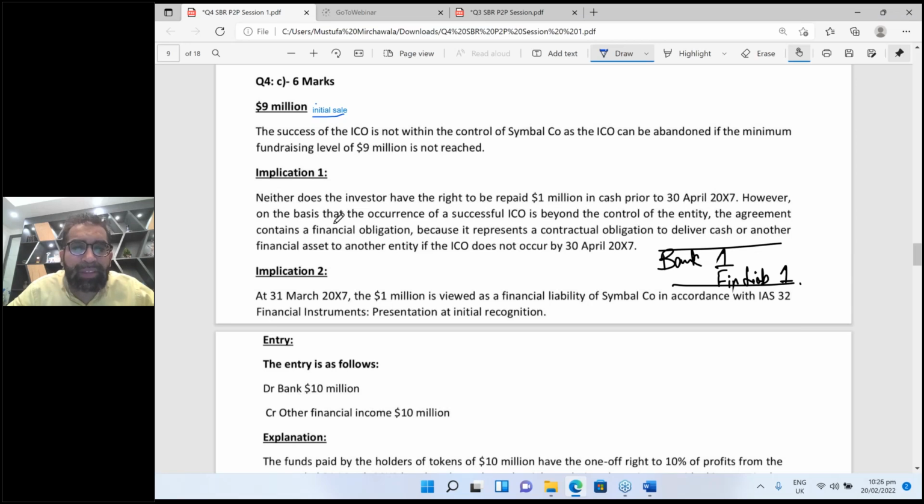However, since the occurrence of a successful ICO is beyond the control of the entity, the agreement contains a financial obligation, because it represents a contractual obligation to deliver cash or another financial asset to another entity if the ICO does not occur.